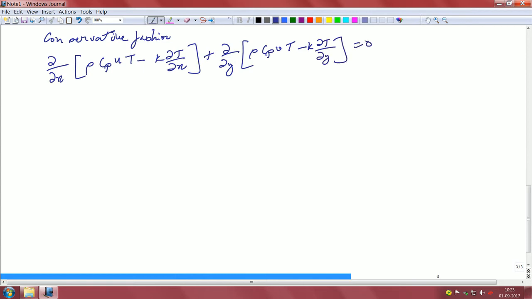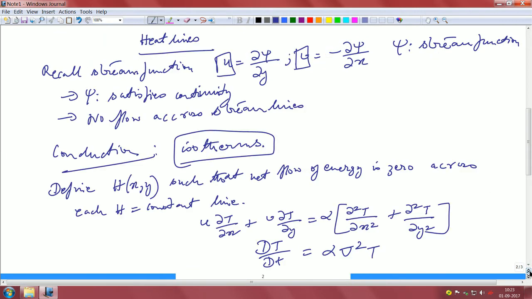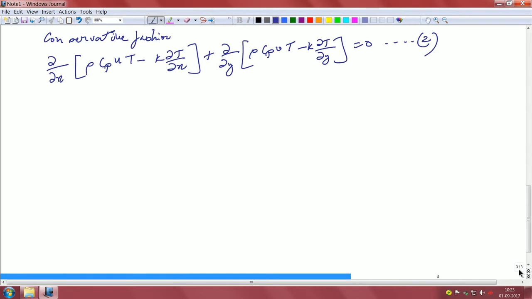Let us call this equation 2, while the previous one we can name as equation 1. This can be equation 1, this is definitely equation 2. So, this is the conservative form of writing the energy equation.